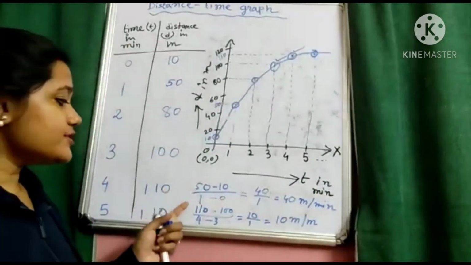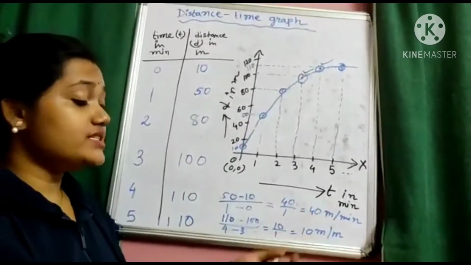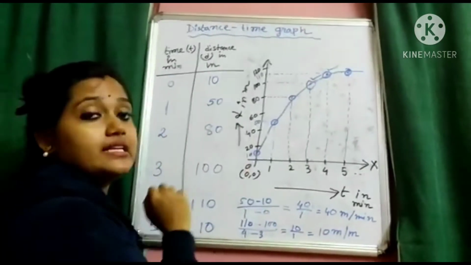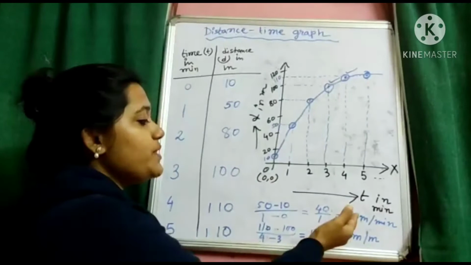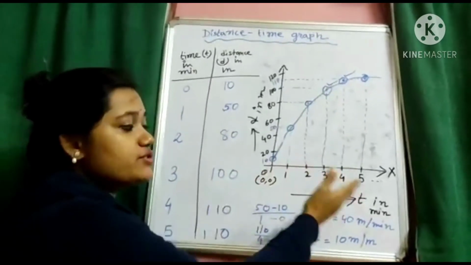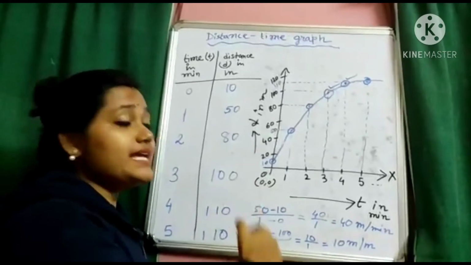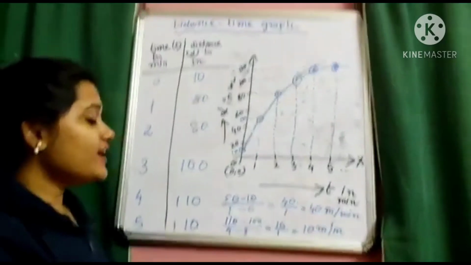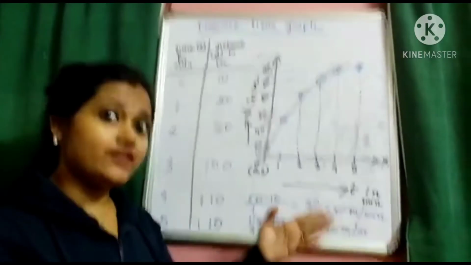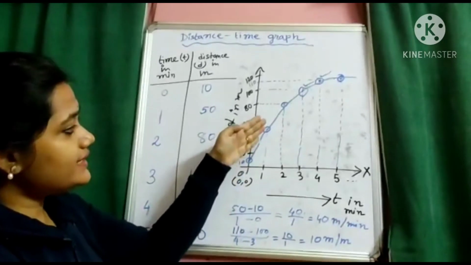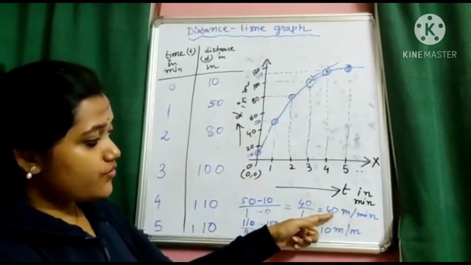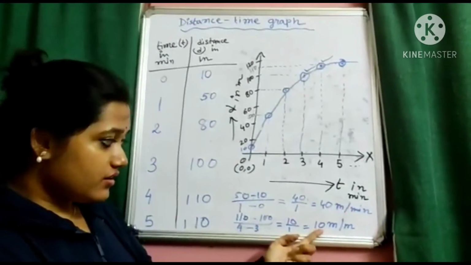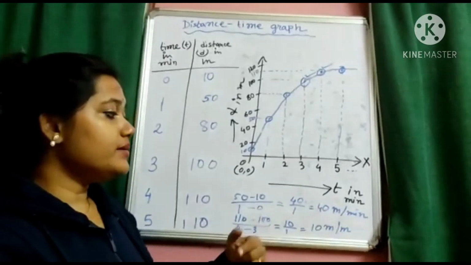Now you can see that the slopes are changing. What does it mean? The slope of the d-t graph gives us the speed, so speed is changing with respect to time. Now when speed is changing, the body is not in uniform motion. Is speed increasing or decreasing? When it started, speed was 40 meter per minute, and after that speed got less, 10 meter per minute.